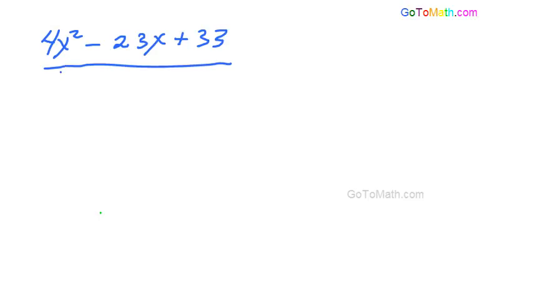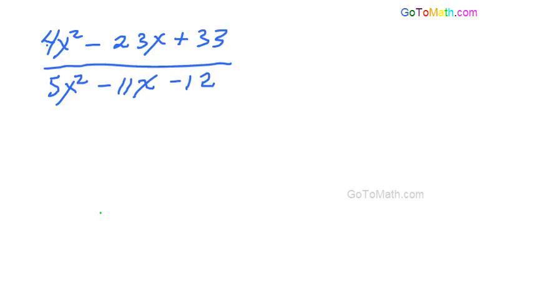So we got 4x squared minus 23x plus 33 over 5x squared minus 11x and minus 12.